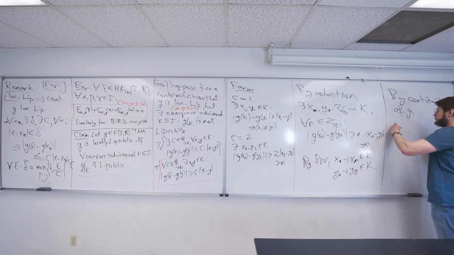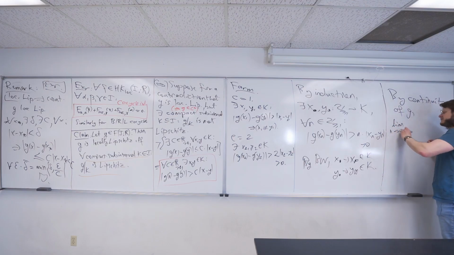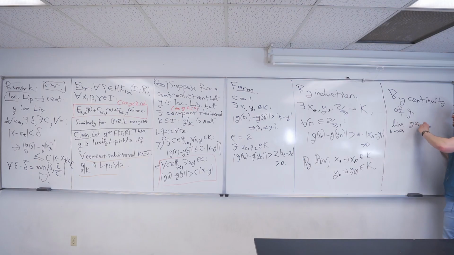G, and absolute values, whatever, the limit as n goes to infinity of the absolute value of g of xn minus g of yn exists, is equal to the absolute value of g of x infinity minus g of y infinity, which is a finite number.